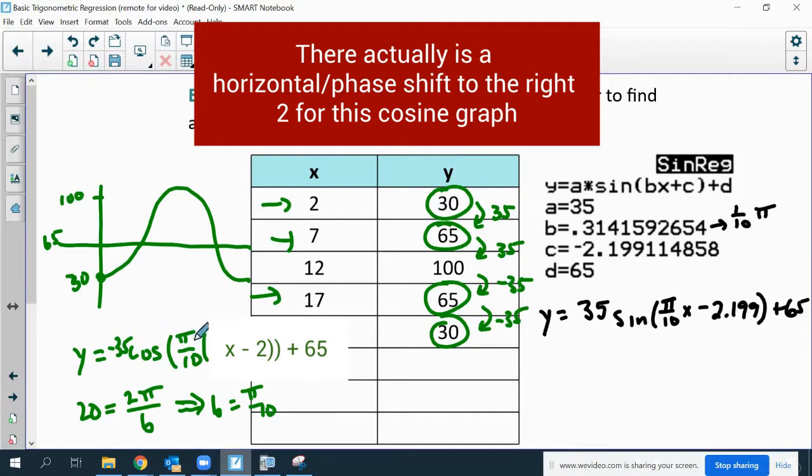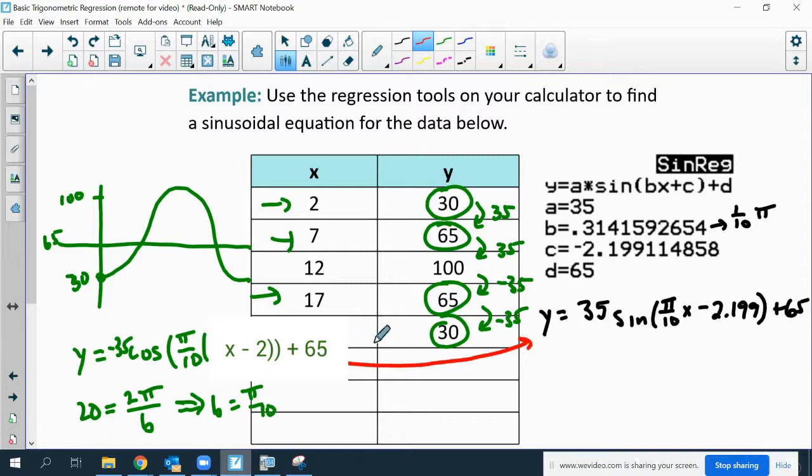So if I look at this, it would be just pi over 10 times x for my cosine. Now if I think about this, are these two things the same thing? Well, if I look at the sine graph, for example, this is 2, this is 7, what would happen if I factor out this pi over 10?